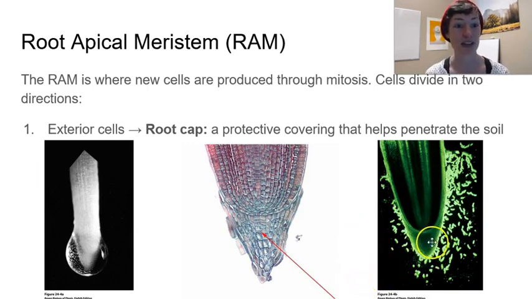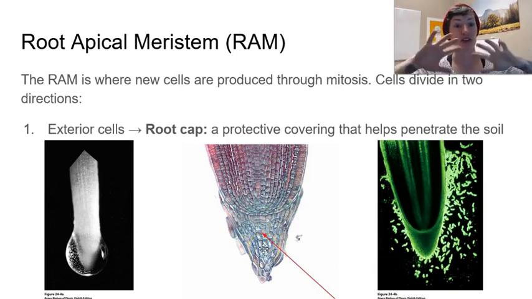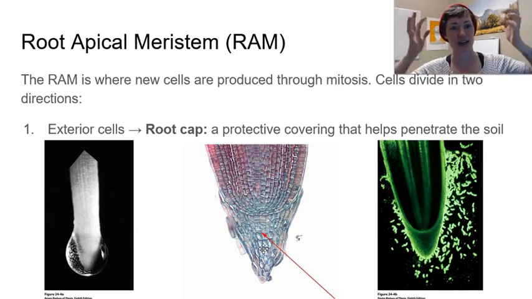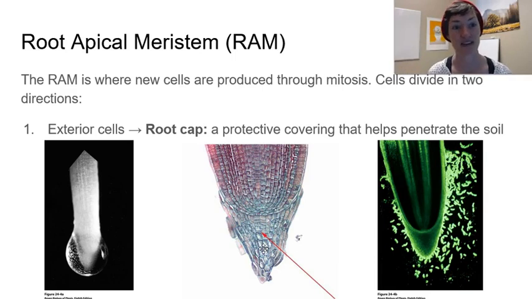So many roles that the root cap has, but these cells are constantly sloughed off. So they're made as the root cap is dividing, or the root apical meristem is dividing. They get produced, pushed out, and then as the root pushes through the soil, they get kind of peeled off and left behind. So it's an important additive to the soil environment.